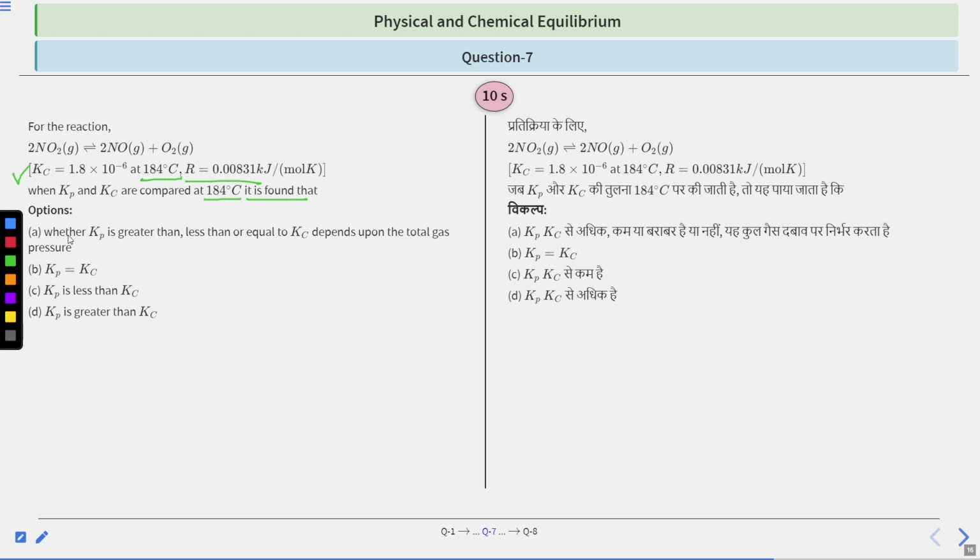The options are: whether Kp is greater than, less than, or equal to Kc depends upon the total gas pressure; Kp is equal to Kc; Kp is less than Kc; or Kp is greater than Kc. You have 10 seconds to solve the question. Then we see what the answer will be.